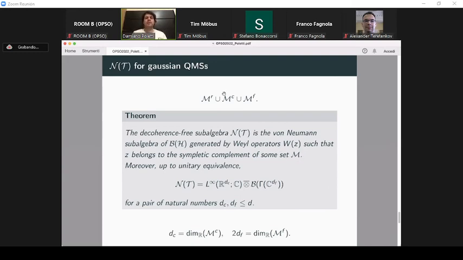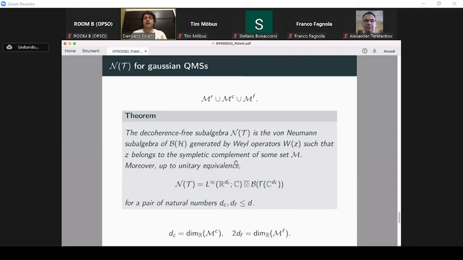And the symplectic complement of M, I did not show you earlier, but it is composed of MC and M2 terms in the decomposition. And using this decomposition, we can actually find that up to unitary equivalence, so up to unitary transformations of the space, the Decoherence-free subalgebra is always a tensor product of two factors.